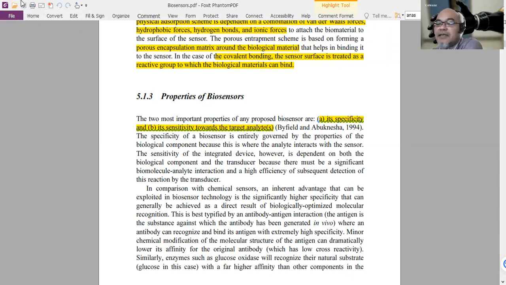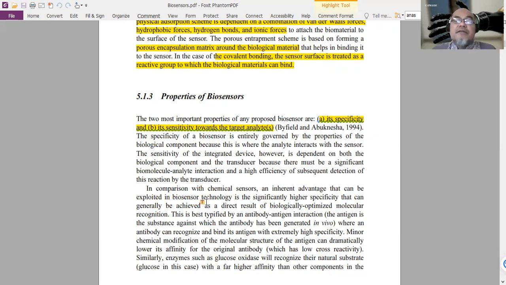Then sensitivity. They are sensitive because instead of the molecule floating around in 3 dimensions in the liquid, the biomolecule is attached to a surface. So in that case, the reaction happens on the surface.